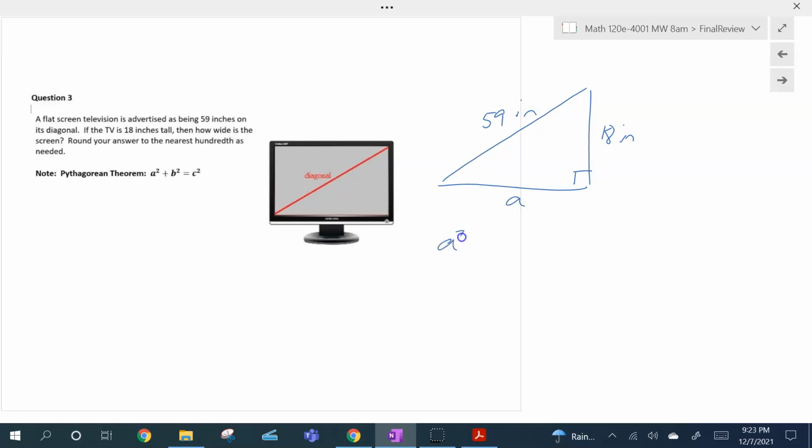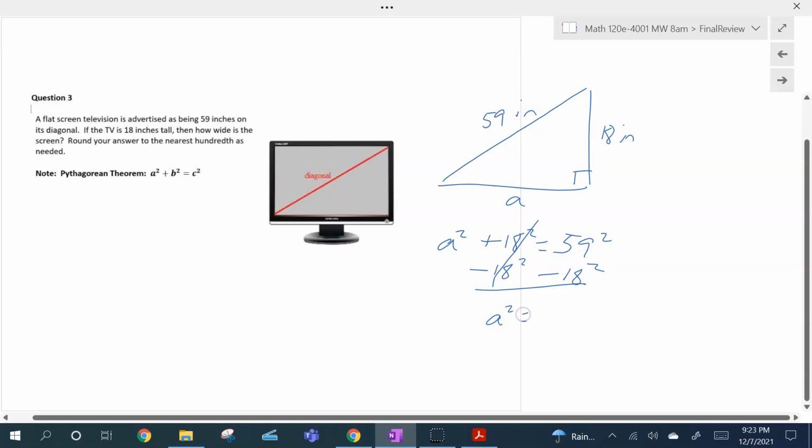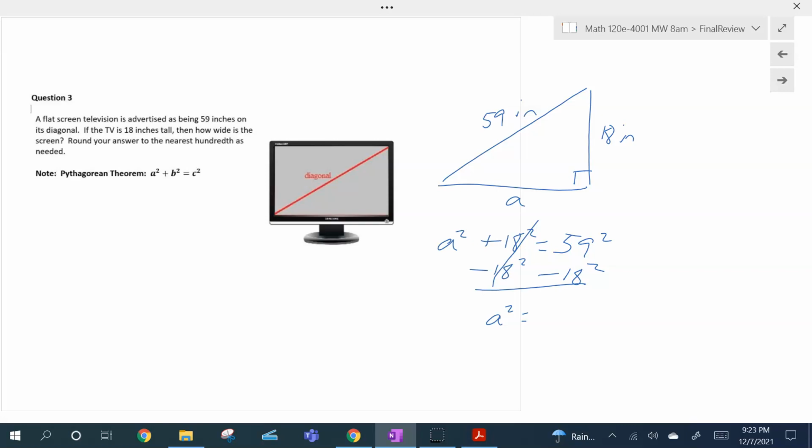So A squared plus 18 squared equals 59 squared. Subtract 18 squared on both sides: A squared equals 3157, and we take the square root of that.